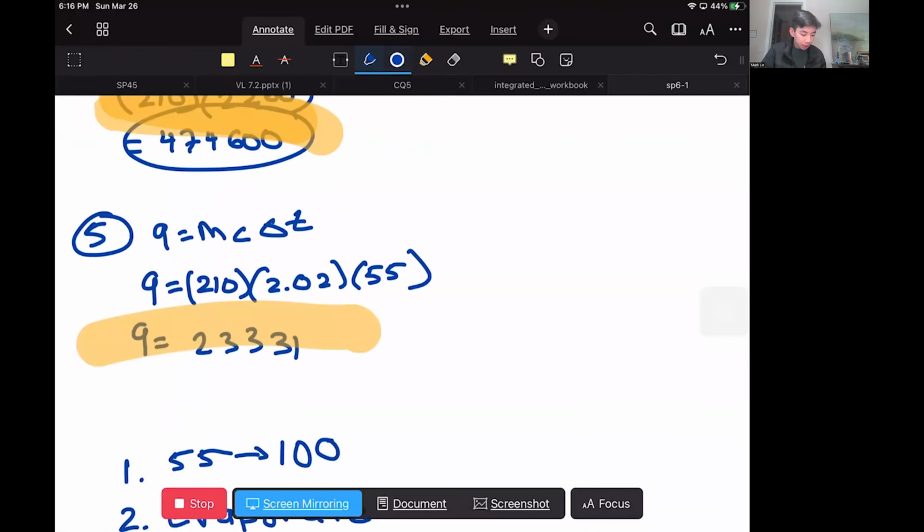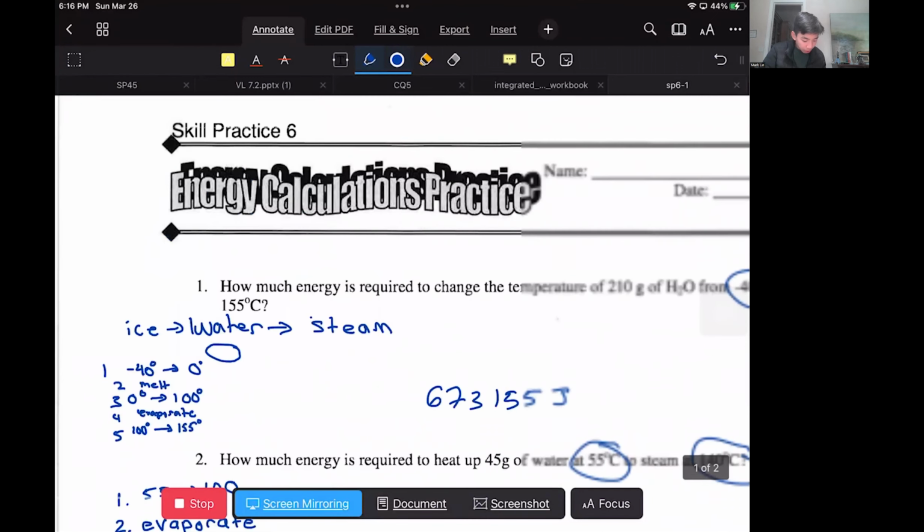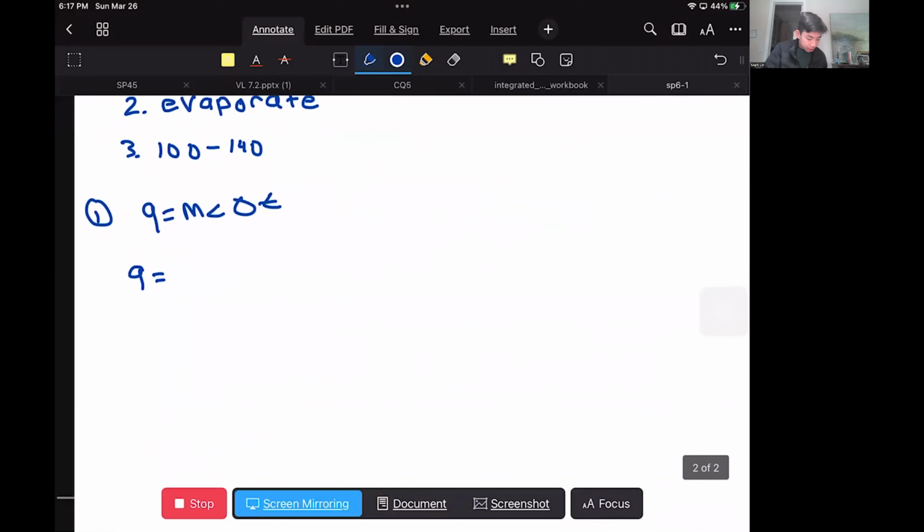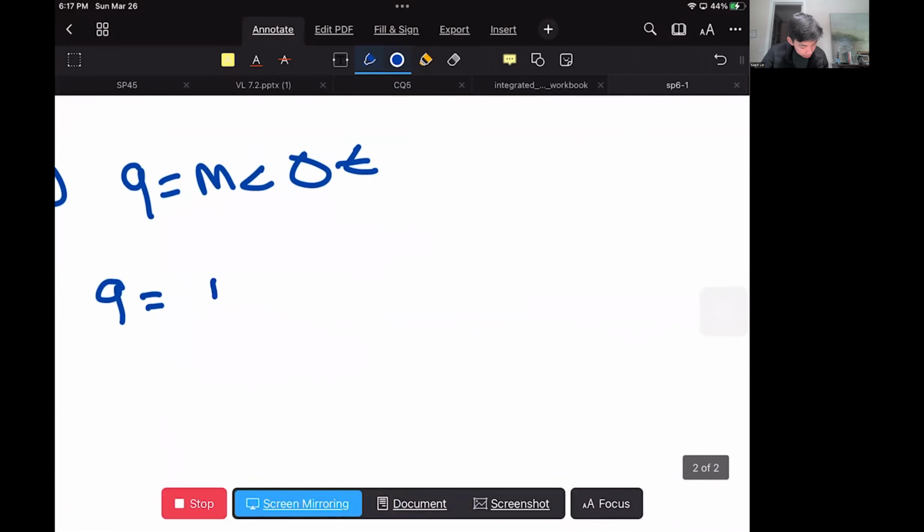Mass this time is going to be 45 grams. C, the specific heat of water, is going to be 4.18.